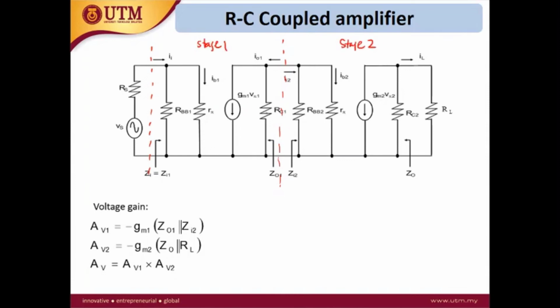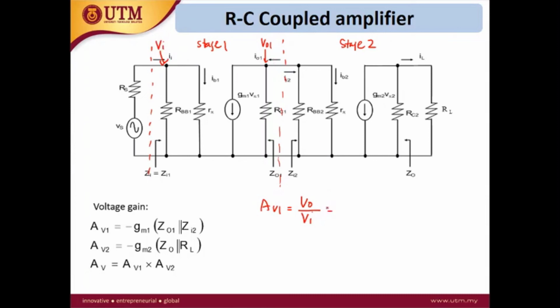For stage 1, AV1, you need to know the definition. AV1 is the output of stage 1, let's say V out 1, over VI. The input at stage 1 is VI, and this is V out 1.